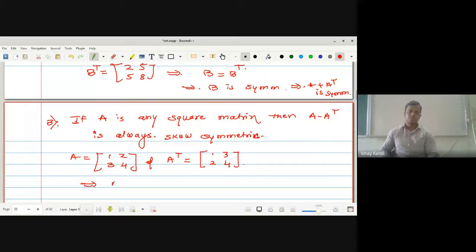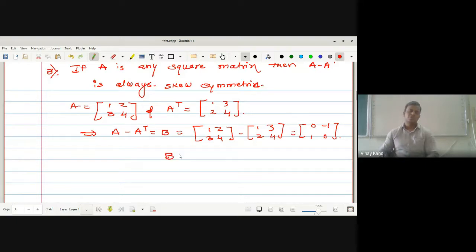This implies A minus A transpose, say this one is the B matrix. [1, 2; 3, 4] minus [1, 3; 2, 4], which is equal to 1 minus 1 is 0, 2 minus 3 is minus 1, 3 minus 2 is 1, 4 minus 4 is 0. So B is equal to 0, minus 1, 1, 0.